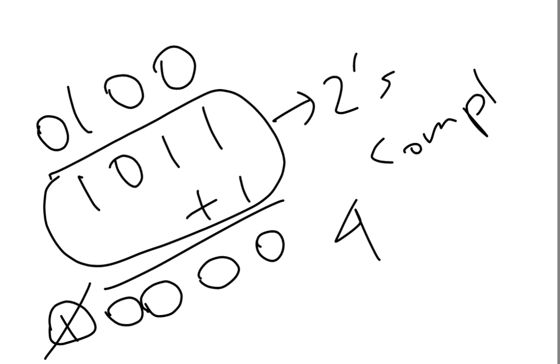So if the original number is 4, this has to be equal to minus 4, because only the sum of 4 and minus 4 can be equal to 0. You can't add another number to 4 and make it 0. The sum will never be 0. And this is why 2's complement works.